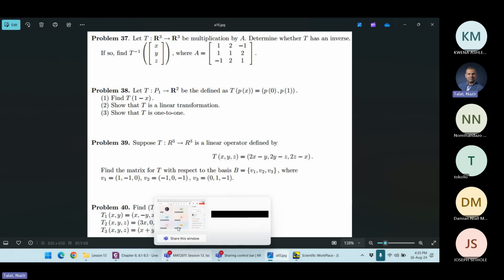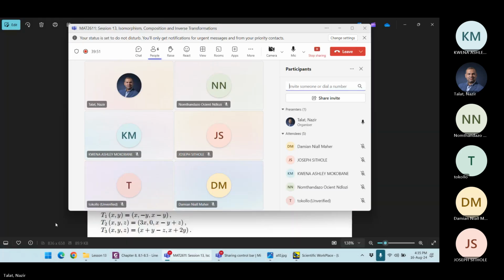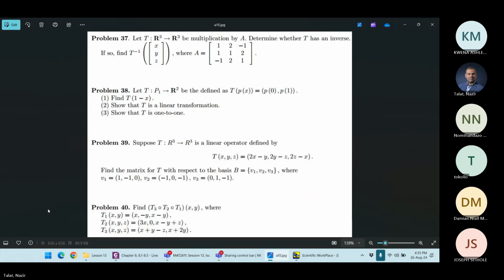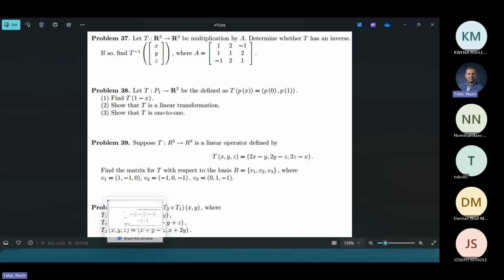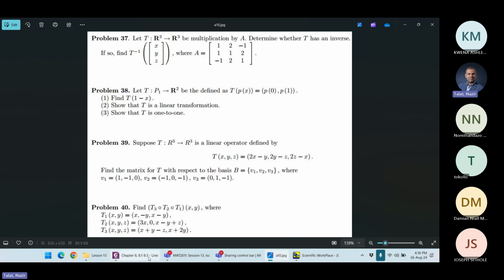Any other question? Yes, students, when you go through that topic, hopefully the concept will be clearer to you.